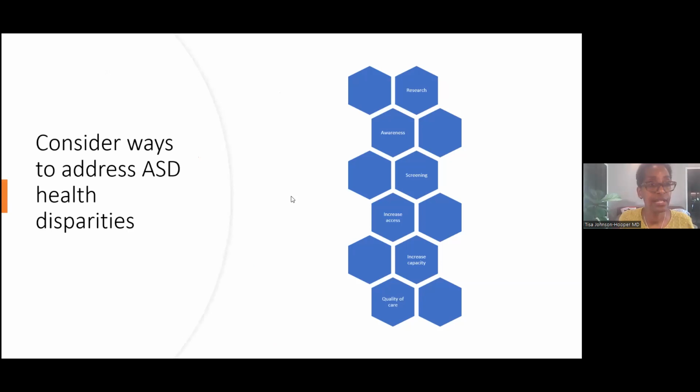Let's switch here and consider ways to address the autism health disparities that we've identified. I can't underscore enough: research, research, research. Research definitely is needed to focus on the diverse autism population.